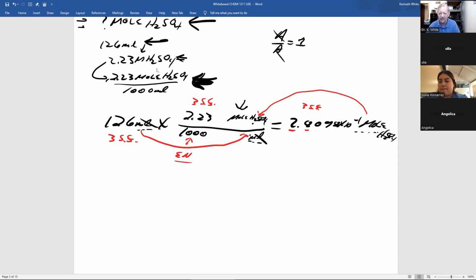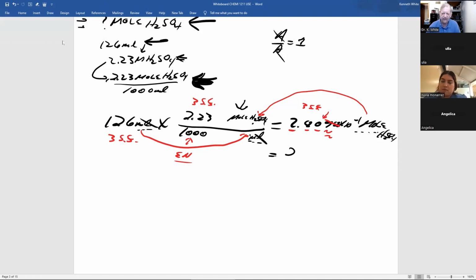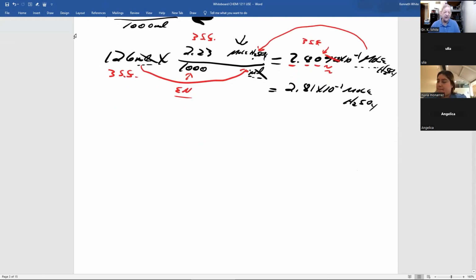Keep the 2, keep the 8, keep the 0. Use the 9 to round off. Is that 4 or less, 5 or higher? 5 or higher, drop that, increase that by 1. And the correct answer is that. And that's how you do it. All right, let's move on because we got a lot to do today.